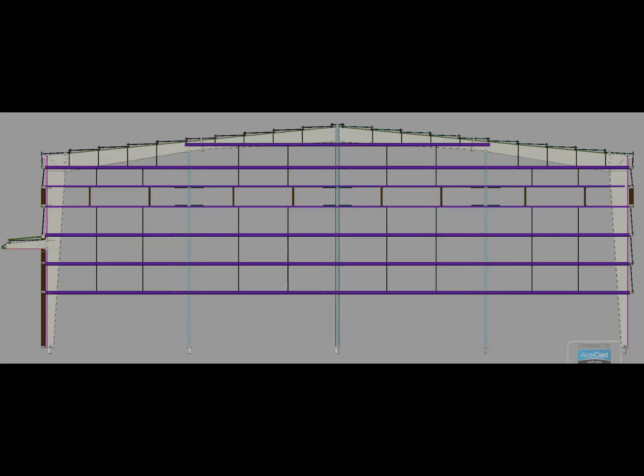Another important point is that the sag rod should not be confused with X-bracing. In our previous videos, we studied X-bracing in the roof and side wall. X-bracing creates a diagonal arrangement. The sag rod shown in this type of framing arrangement is a different secondary member.